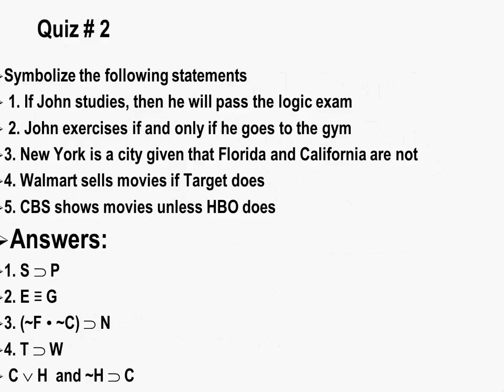But on the other hand, if you look at the symbolization on the right, CBS shows movies unless HBO does. That does mean that if HBO does not show movies, then CBS will, right? And that's why on the right we have not H. If not H, then C.